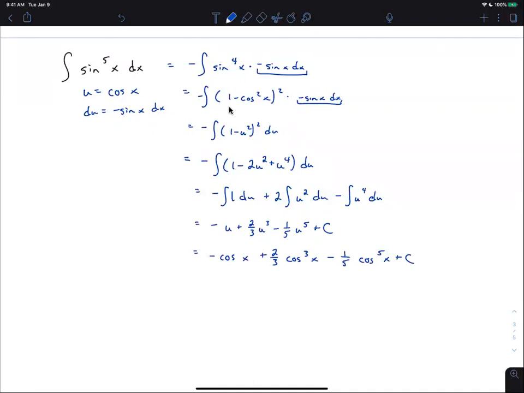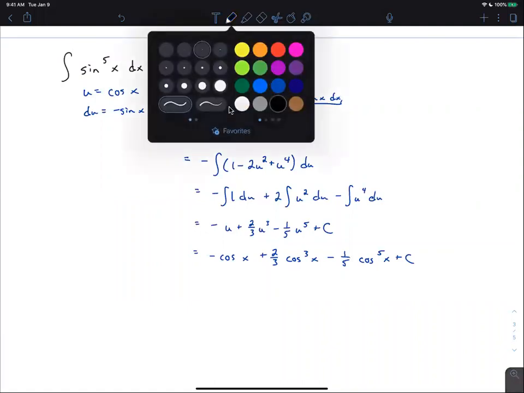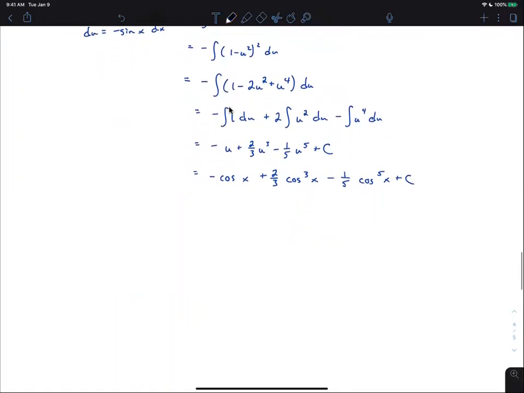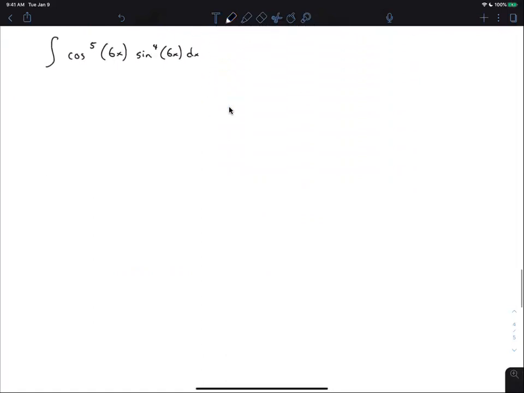Okay, so that is powers of sine and cosine. I want to talk about what happens in this case. All right, so for these techniques to work, the thing inside of the trig function does not have to be x, but it does have to be the same.